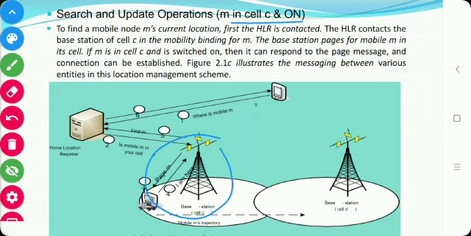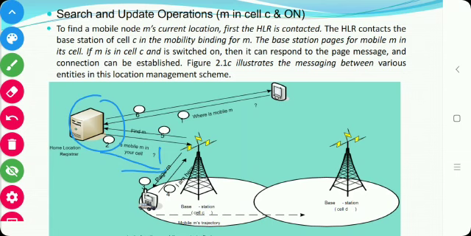Then the HLR contacts the base station of the cell ID in the mobility binding of M, that is the base station of cell C. The base station pages for mobile M. So this is the HLR, and it contacts the base station of the cell C. Now this base station pages for the mobile M in its cell.